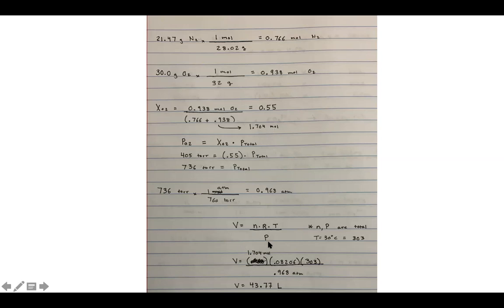So that's what I plug in for n. R is our constant, 0.08206, and T, our temperature, we were told in the problem, was 30 degrees Celsius, which is 303 Kelvin. Okay, and what's our pressure? Our total pressure is what we solved for, 0.968 atmospheres. This gives you a volume of 43.77 liters.